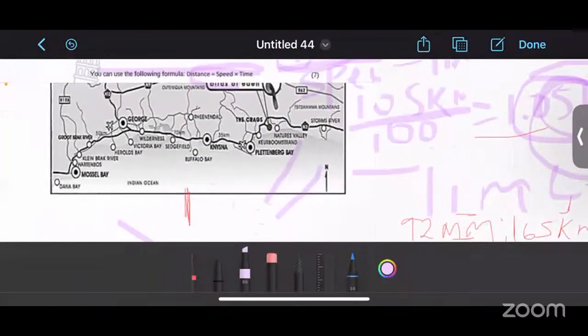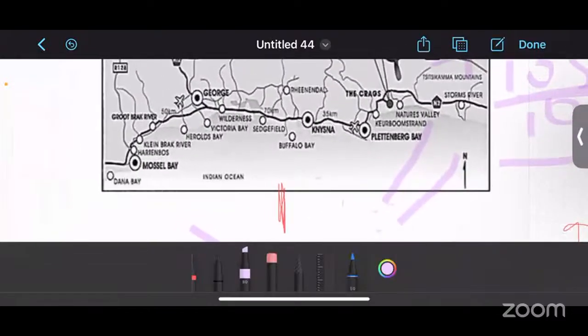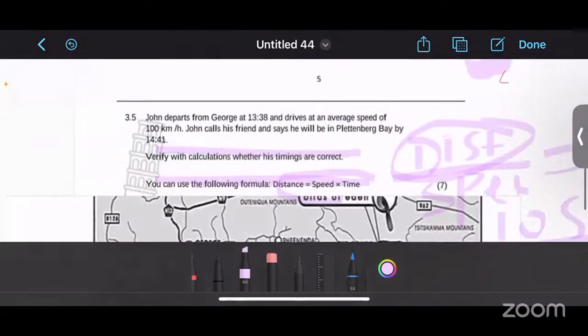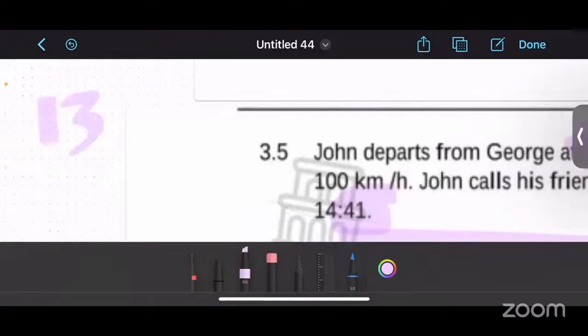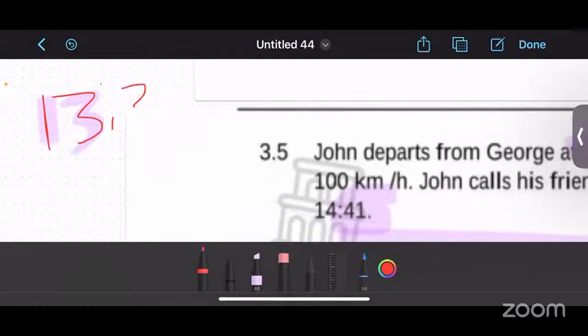And then now what you can do is say, they said it's going to be traveling from 13:38. You can add 13:38 and 1 hour and 3 minutes.